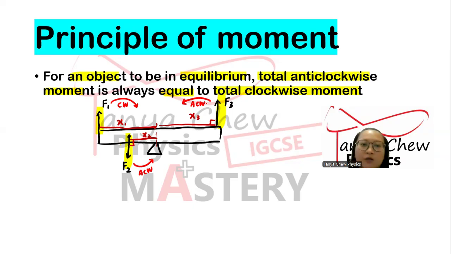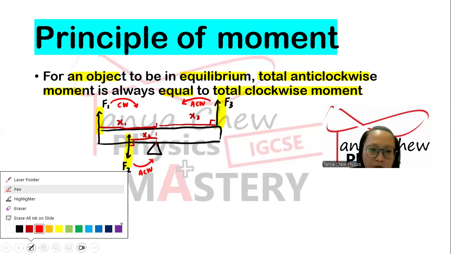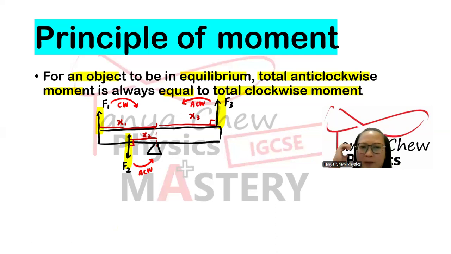So if the whole system is in equilibrium, you have to look at it. Sometimes the question doesn't mention equilibrium. The question would mention remains stationary, which means equilibrium, or remains horizontal. These are all keywords for equilibrium.